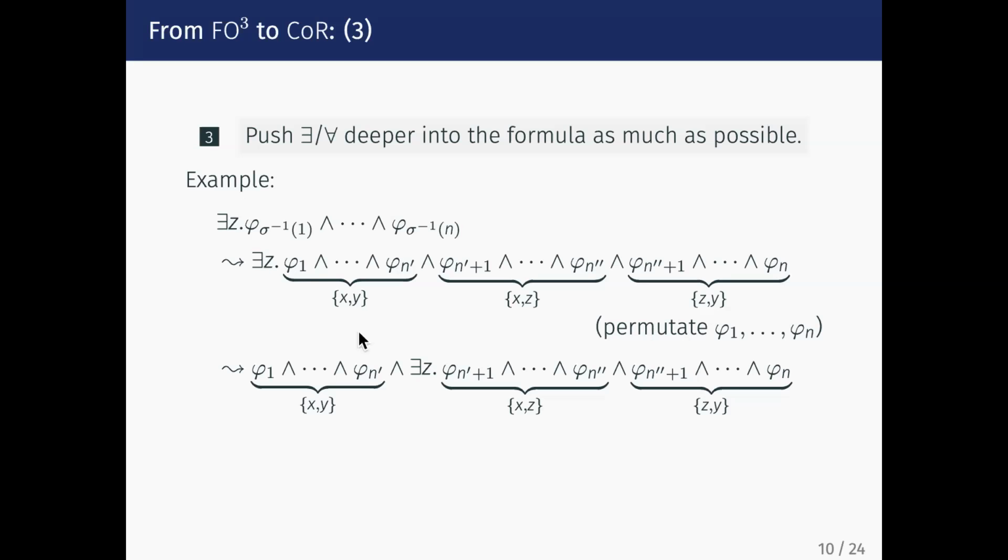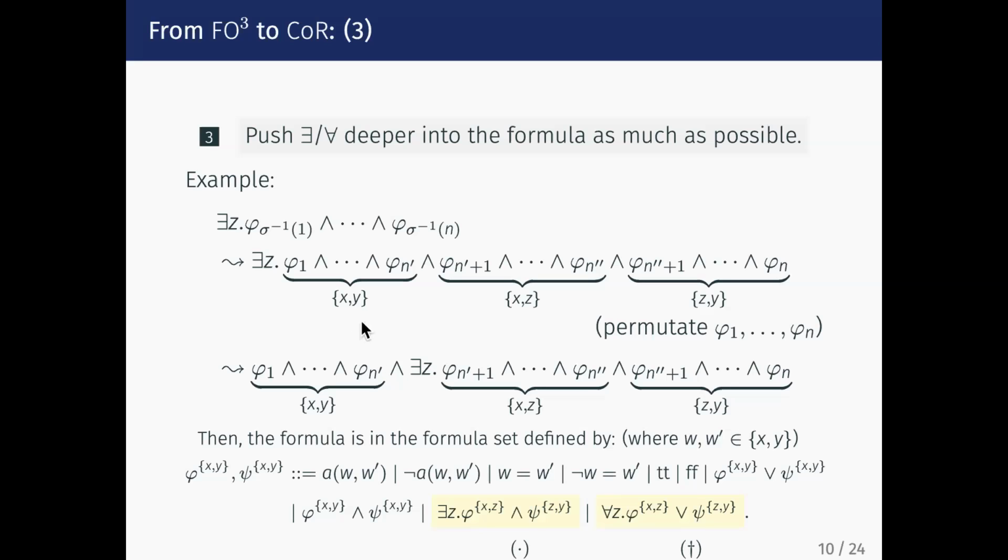This part has free variables x and y, this part has x and z, and this part has z and y. Because the free variable z does not occur in this part, we can push this quantifier deeper into this, like this. So the third step is from this to this.